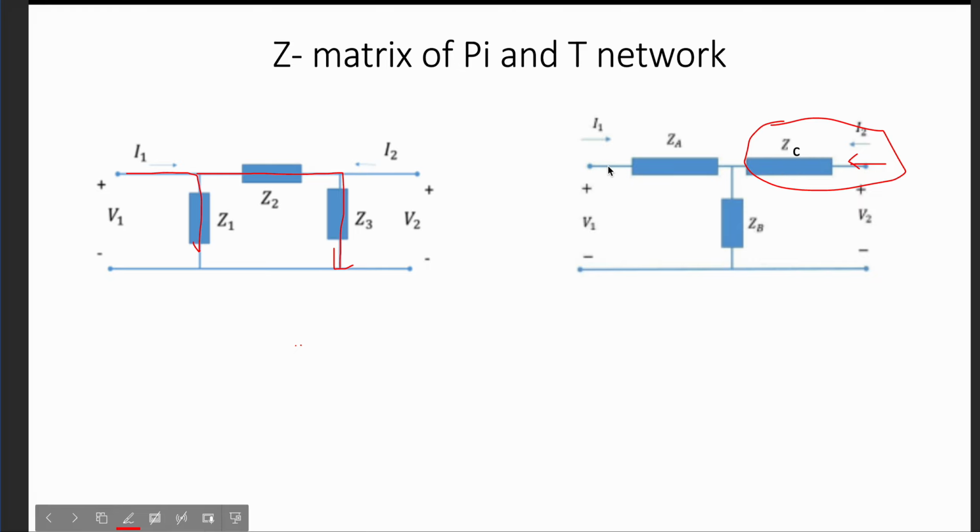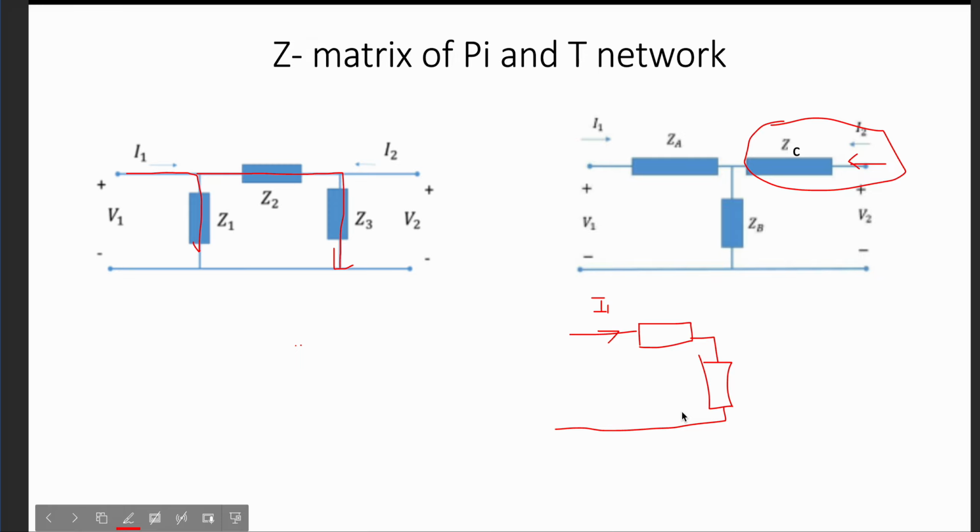So whatever current comes, I1, it goes in series through ZA and ZB. Now what is the effective impedance? Both are in series, right? So effective impedance will be ZA plus ZB. That means your Z11 is just ZA plus ZB.